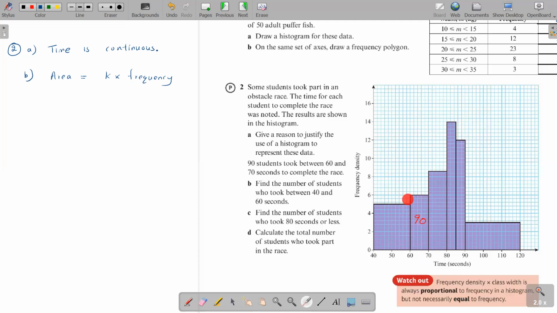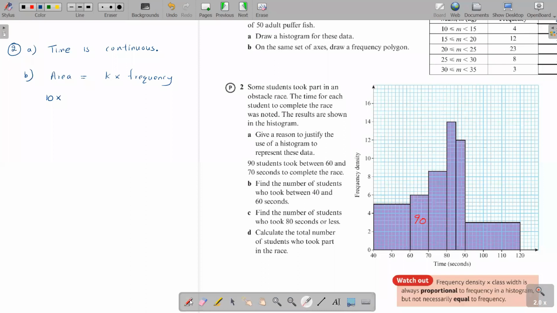We know the frequency, which is the number of students in that bar. What's the area? Length into breadth. Because it's 60 to 70, the length is 10, multiplied by the height, which is 6. Can you see?